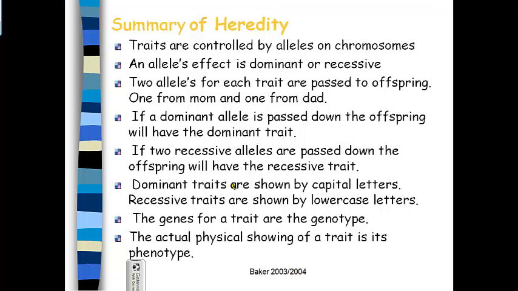Dominant traits are represented when we do crosses with capital letters. Recessive traits are represented by lowercase letters. The genes for your traits are called genotypes, so that's actually the letters, the genes. And what you actually physically show, what people actually physically see, is called your phenotype.